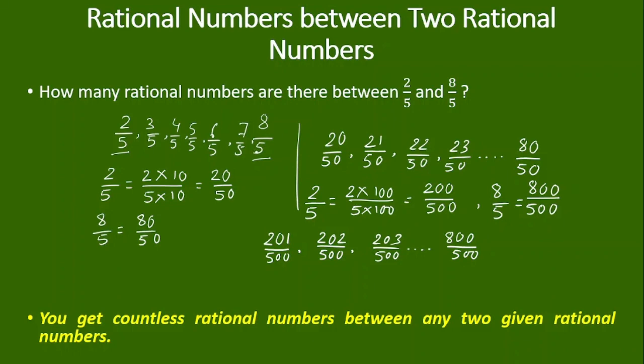There are countless numbers that can be written between these two numbers. So between any two rational numbers, the rational numbers lying are countless. That is the main thing you have to remember. For whole numbers and for integers, there are a definite number of numbers between two whole numbers or between two integers.